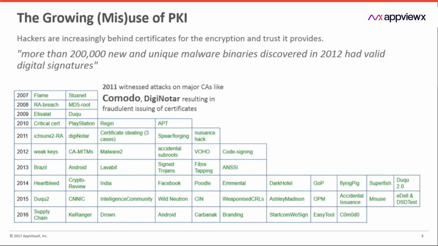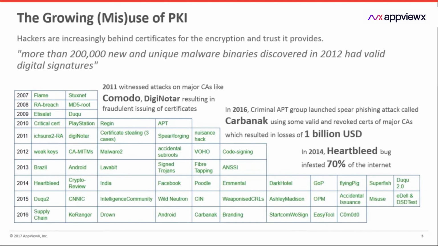In 2014, a severe bug in OpenSSL software that is used to generate key pairs gave rise to Heartbleed that affected more than 70% of the internet. And in 2016, Carbanak was used to compromise data worth 1 billion USD with the help of valid and revoked certificates to major certificate authorities.